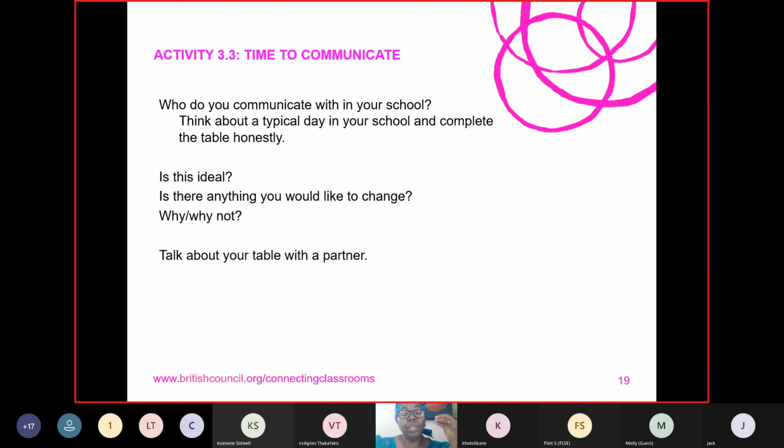Why I am asking this question is that we want to highlight the fact that as a manager, you have to communicate with quite a number of people in your school when you have challenges. For instance, when you have challenges of late coming by the teachers, you need to communicate with your teachers.